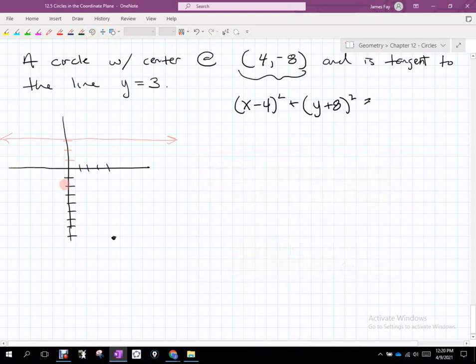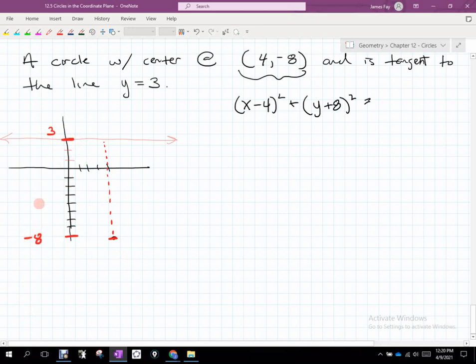And now what's nice is, and this is why we keep these as horizontal or vertical tangent lines right now, because if I want to be tangent to this line, that radius right here is now a vertical distance, right? Okay. This y value is +3. The y value down here is -8.